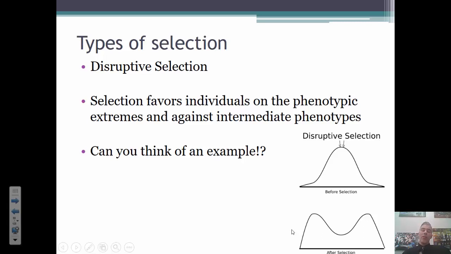And as a result of this, because gray is selected against, you end up getting the population kind of split into individuals that are black and then individuals that are white. And what's really cool about this is that you would actually end up probably creating a different species in this case, because they would have different niches, as they're called, because the black ones would only live on the rocks that match with them, so they weren't seen by predators, and then the lighter colored ones would only be on the lighter colored ones.